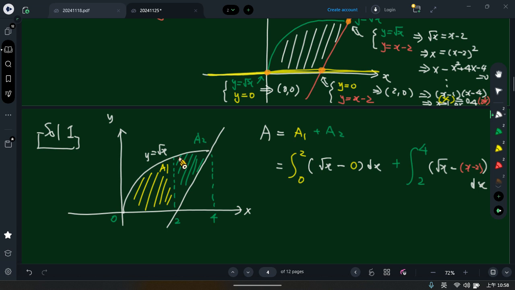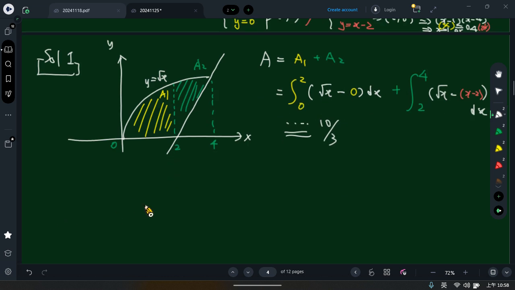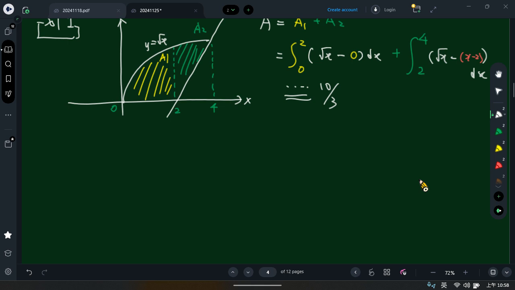The second part here is still y is equal to square root of x, but the lower part will follow y is equal to x minus 2. So finally, you have this part and this part, and then sum them together. I will not go into the detail again. So the answer will be through some calculation. Then you can get this one. Okay, this is solution 1. Solution 2.